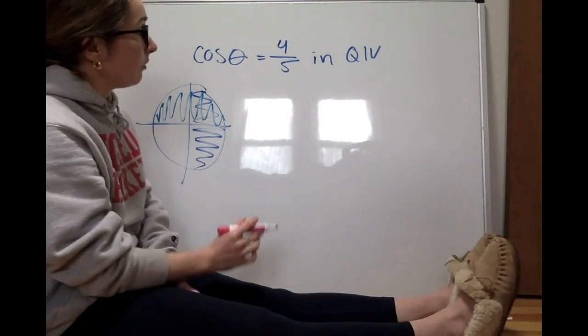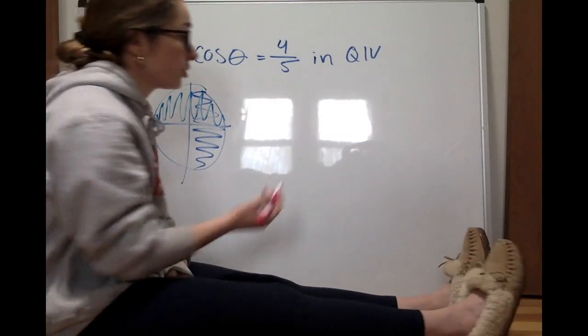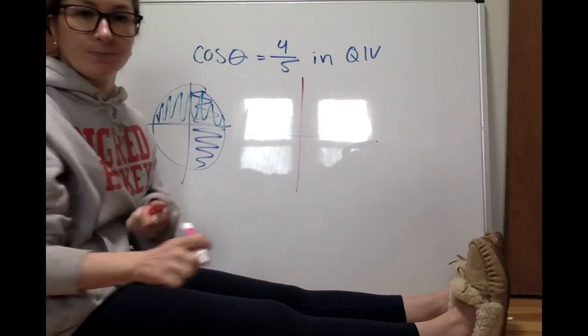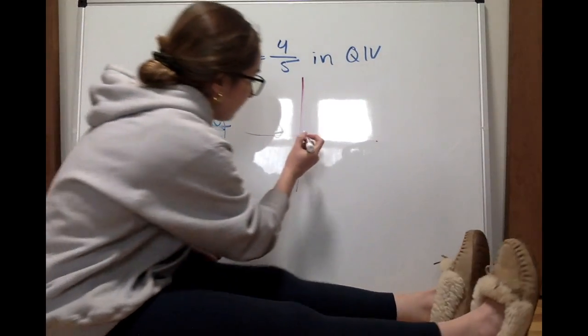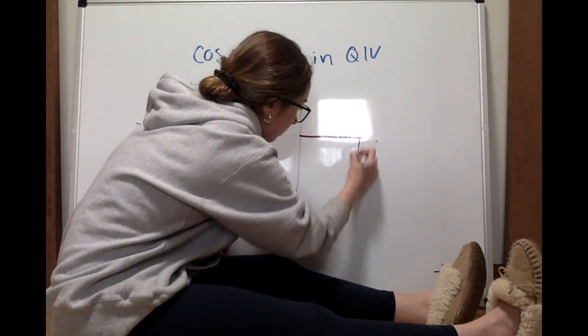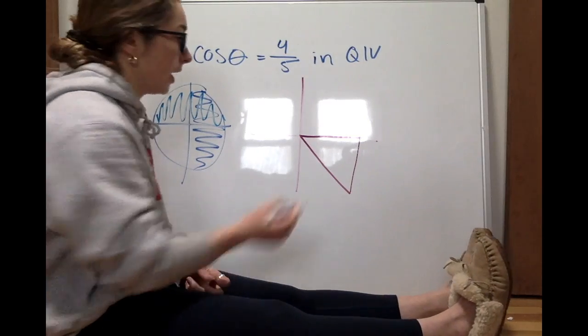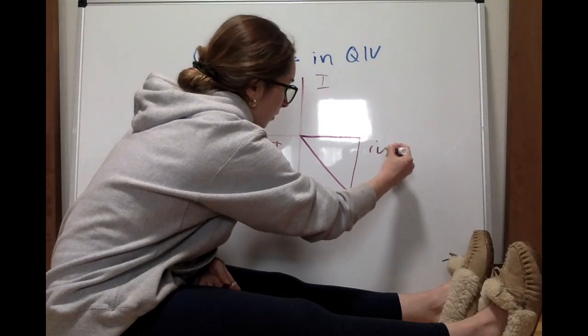So here we have cosine of theta is 4/5, and we're in Q4, we're in the fourth quadrant. So I know, if here's my XY plane, it's not a very good color. My triangle has to be down here in the fourth quadrant, right? 1, 2, 3, 4.